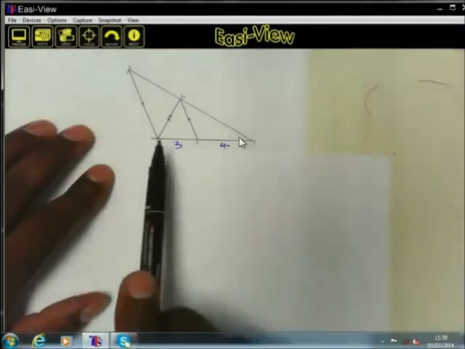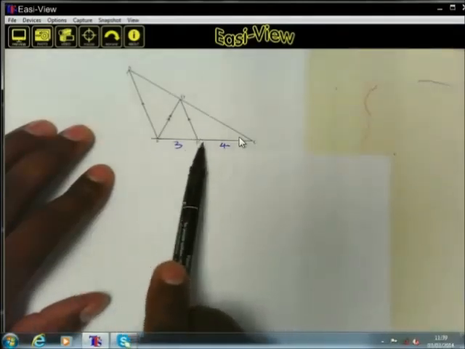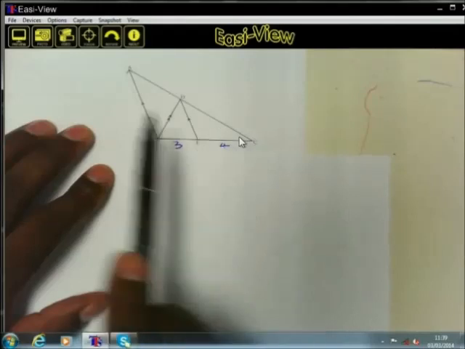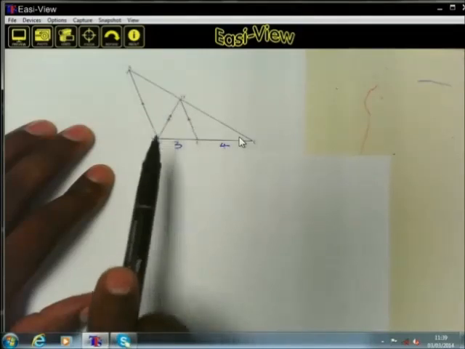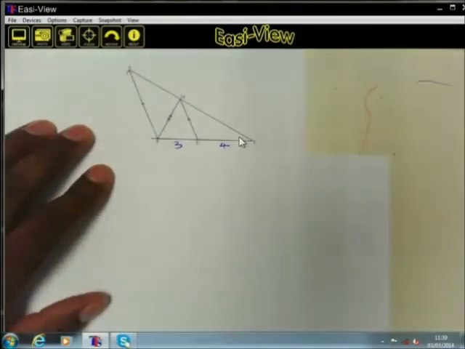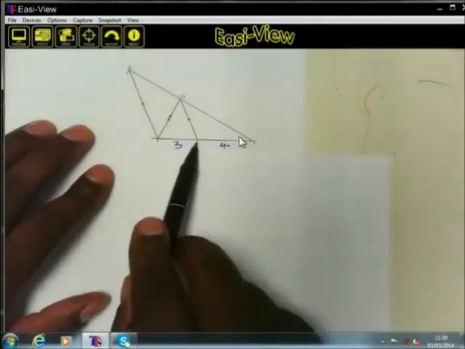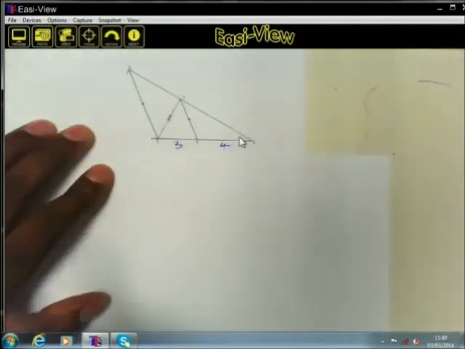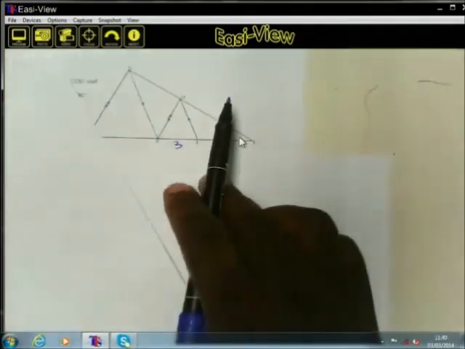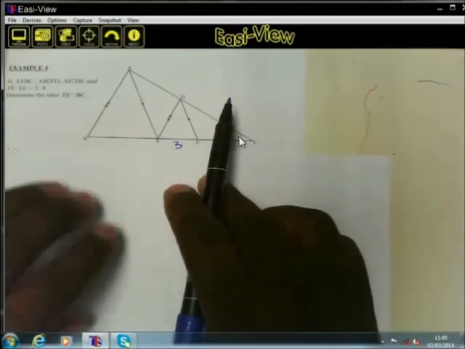Then we can say FE over EC will be the same as AD over DC, because DE is parallel to AF, and that is the given information. So we apply the proportionality theorem. I said that the order is important. That is the order that I want you to take.